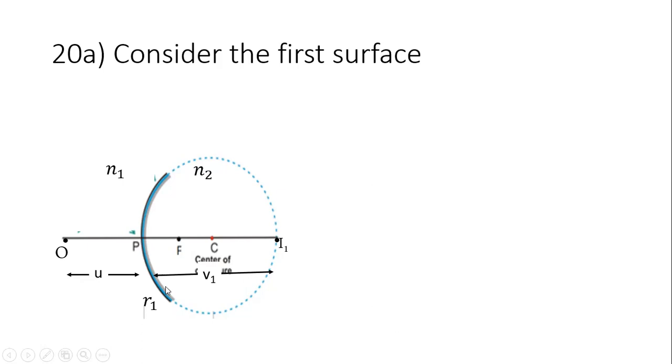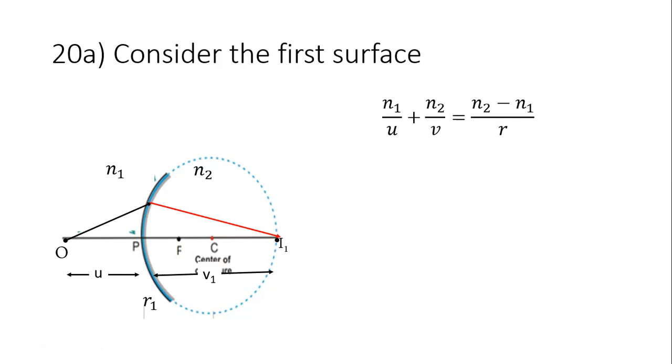And then the ray from the object, after passing through, will converge here to the image here. And that is the formula that we are using. So let's put into the formula.